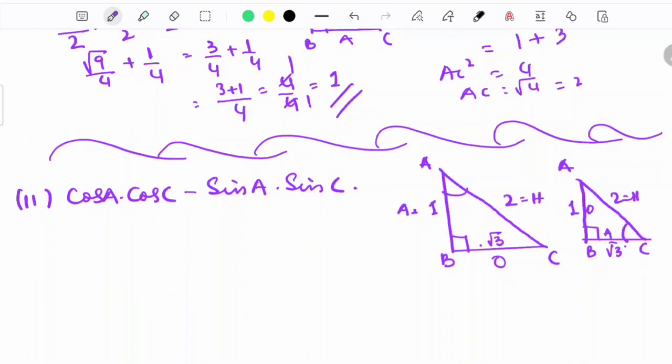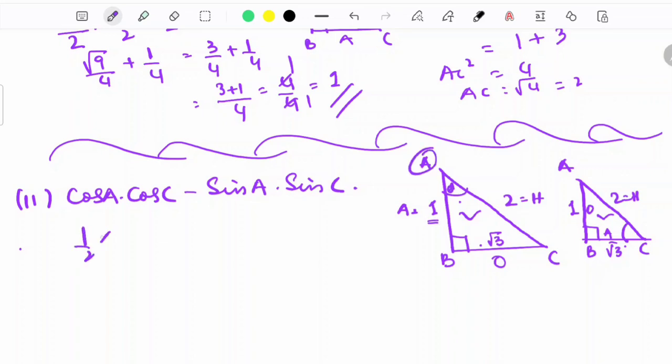Now we are looking for the second bit of problem 8, that is cos A cos C minus sin A sin C. Now I have two figures, one for angle A and one for angle C. Okay, so cos A is adjacent over hypotenuse. So for A, adjacent is 1, hypotenuse is 2.